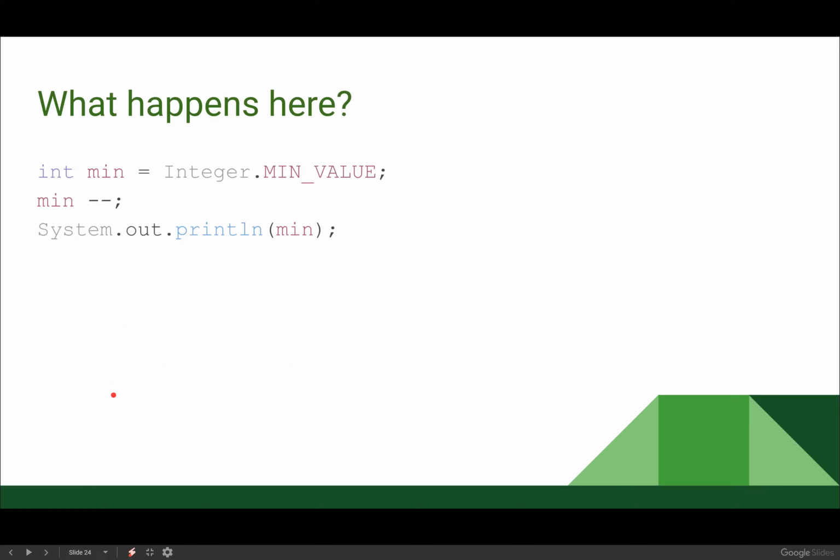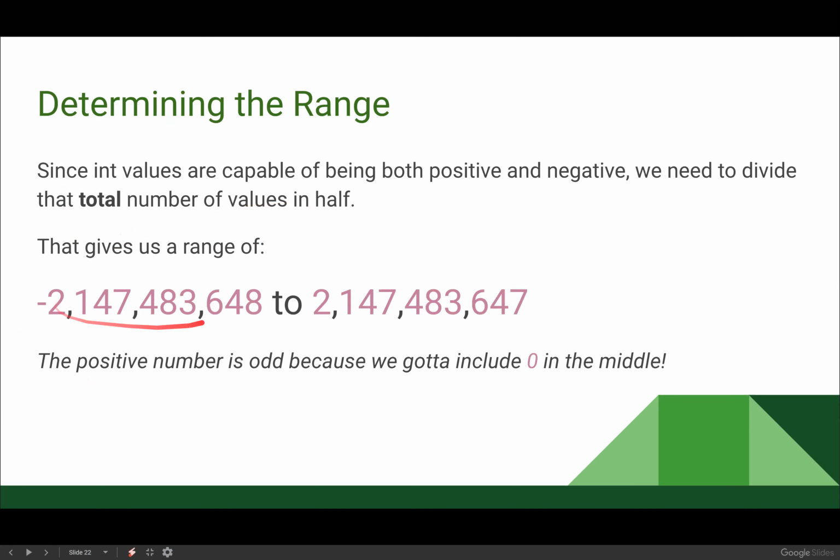So what do we think would happen if I set my variable min to equal Integer.MIN_VALUE, and then I say min minus minus? I'm at the smallest value, and then I'm going to subtract 1. What do we think will be stored in min? Keep in mind that our smallest value is this number.